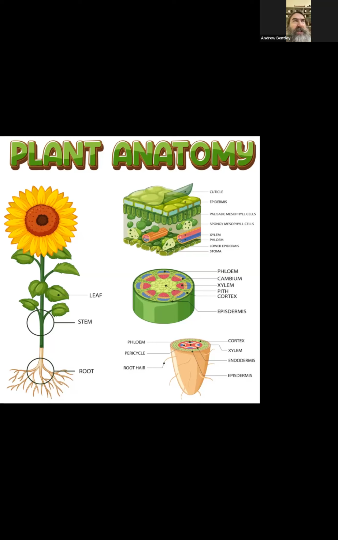Xylem is harder tissue that gives structure to the veins and ribs of plants, and phloem is more pithy and allows for fluid to pass through it. And then you have the underside of the leaf, which has more of the stoma than the upper side of the leaf. So the stoma are basically pores.